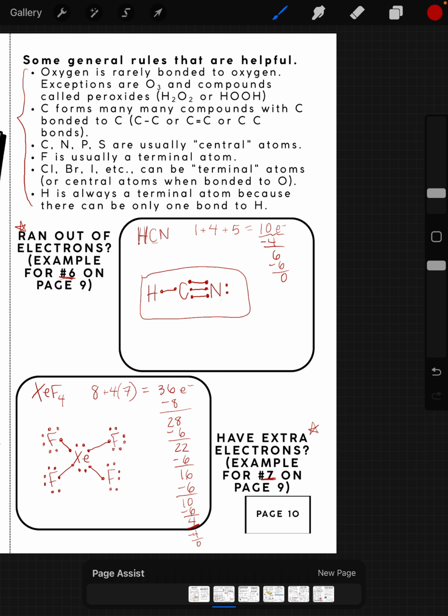If you have extra electrons, you put them on that central atom. It is more stable to put those extra electrons on the central atom. And so in this case, xenon actually has access to 2, 4, 6, 8, 10, 12 electrons, which is really weird. Okay, but there's an example of what you would do. You just shove those on as lone pairs onto that central atom.